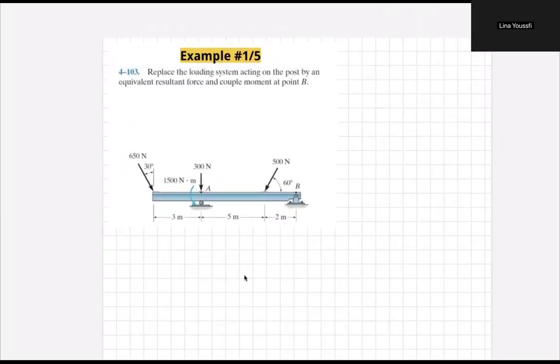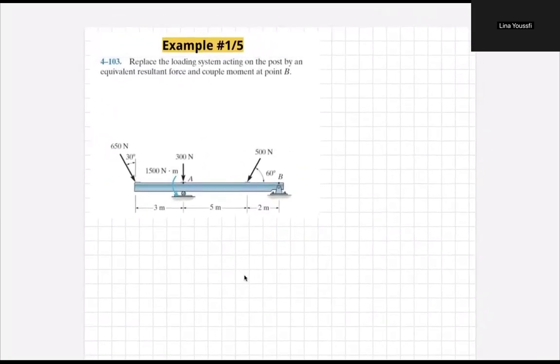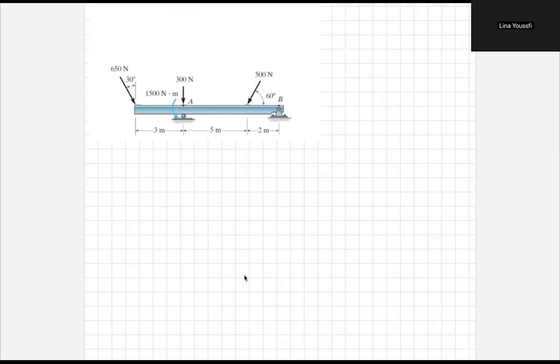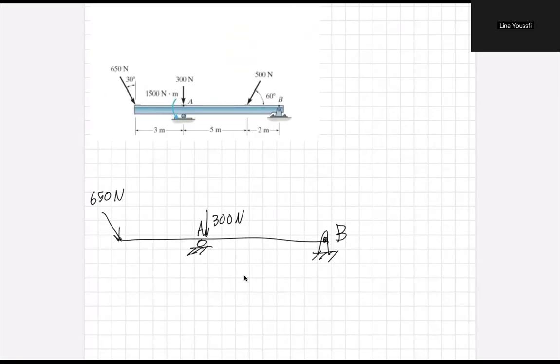This is the first problem we got. It's a 2D beam fixed with a pin and a roller at A and B. First I'm going to draw this out. We'll draw our pin connection here and a roller at A. At A, there's a 300 Newton force applied vertically. At this end here, there's a 650 Newton force applied at an angle of 30 degrees.